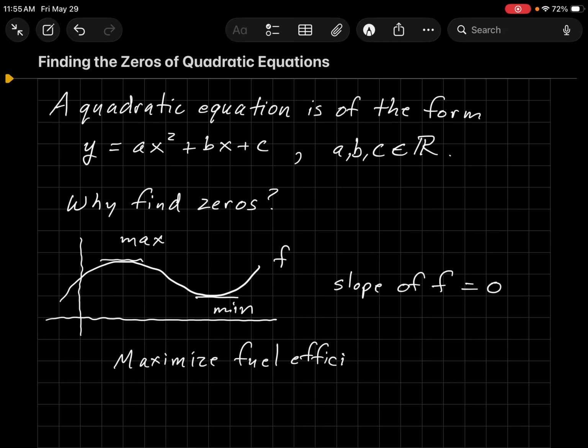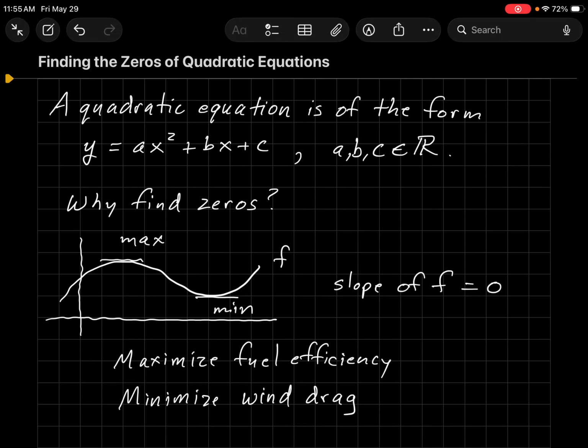Or you might want to minimize something, like the wind drag, which of course will help with your fuel efficiency. But these are just two examples of many things. We can maximize or minimize things when the slope of a graph equals 0. We can even do this in higher dimensions, but I will not get into that in this video.